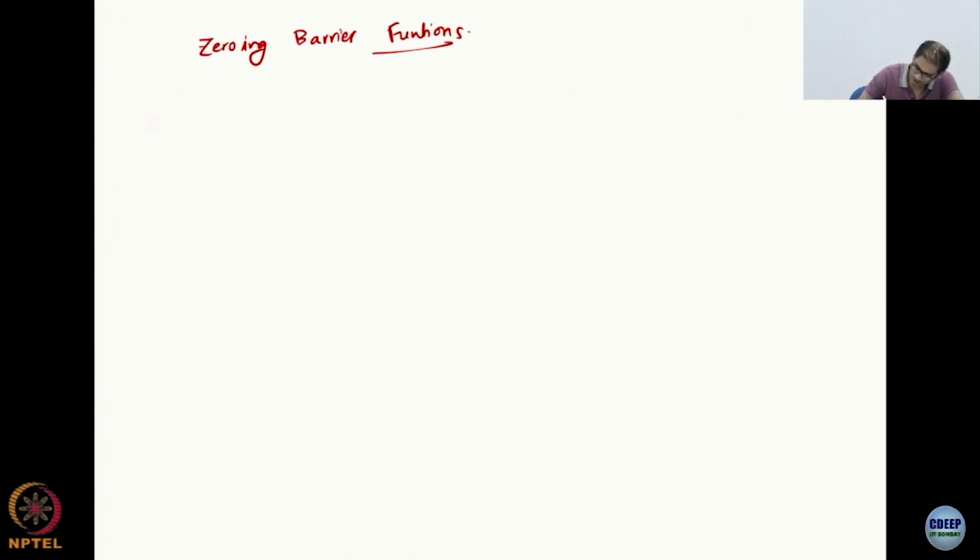First, we define the notion of an extended class K function. You already know what a class K function is, because it's 0 at 0 and strictly increasing. But the argument of a class K function is always taken to be positive.